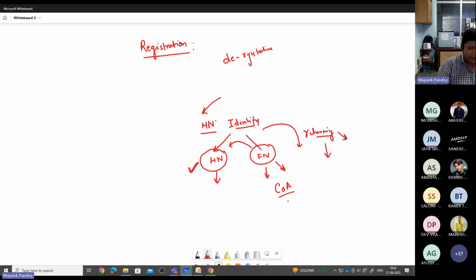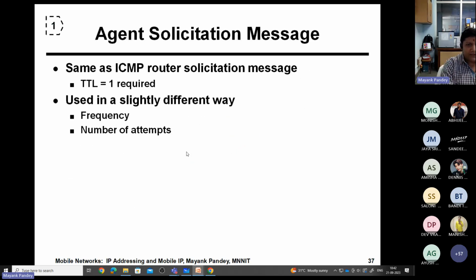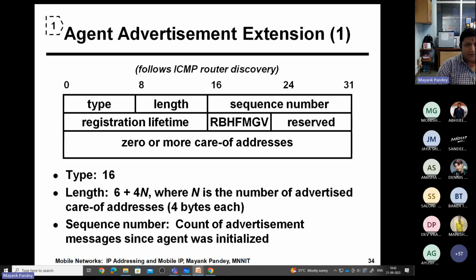How to get a care of address, Priya? If you remember, in the agent advertisement, these care of addresses are also advertised, zero or more care of addresses.